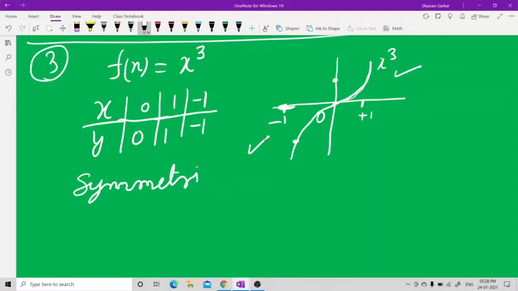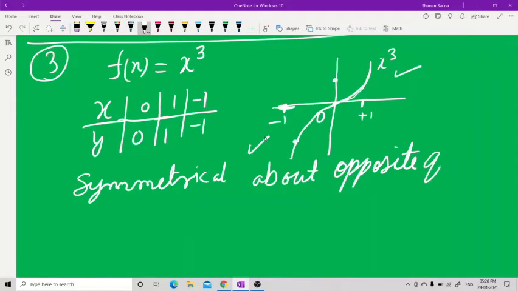Symmetrical about the opposite quadrants. See, the first and the third quadrant are opposite quadrants.